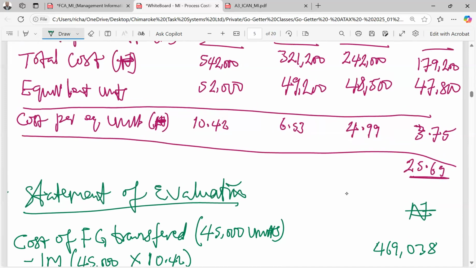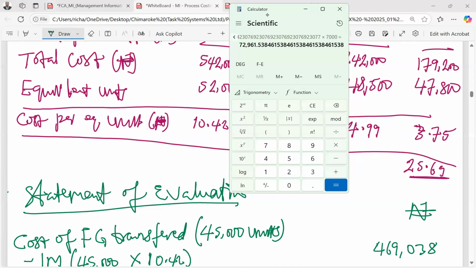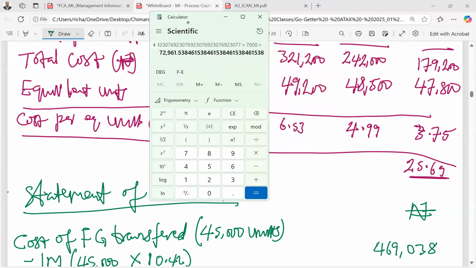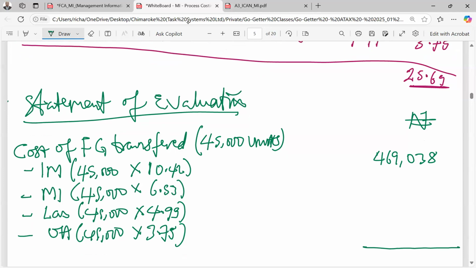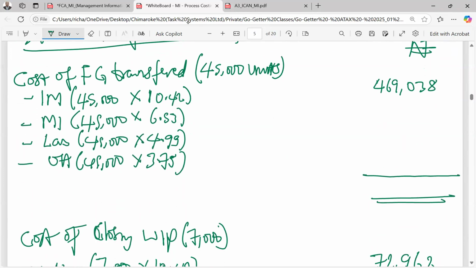We said it was 321,200 divided by 49,200. And we got 6.528, which is 6.53. So we've gotten the full figure in our calculator. So let's use it twice.